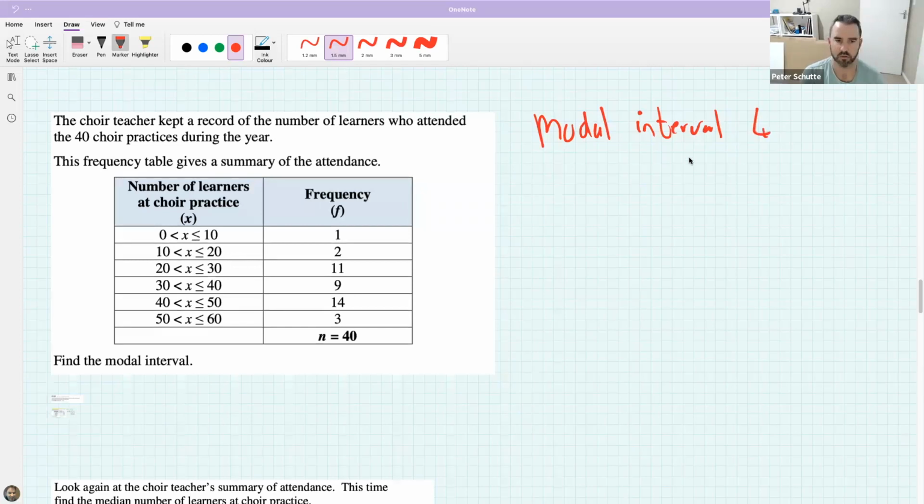So what am I scanning? I'm scanning the frequency column. And it looks to me like this number is 14, which means it must be the one between 40 and 50. That is the modal interval.